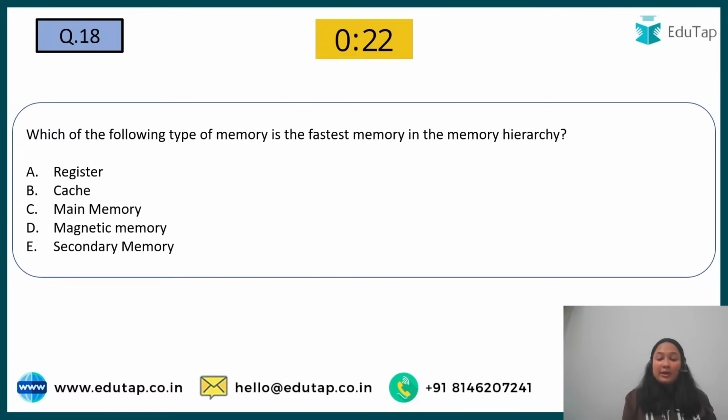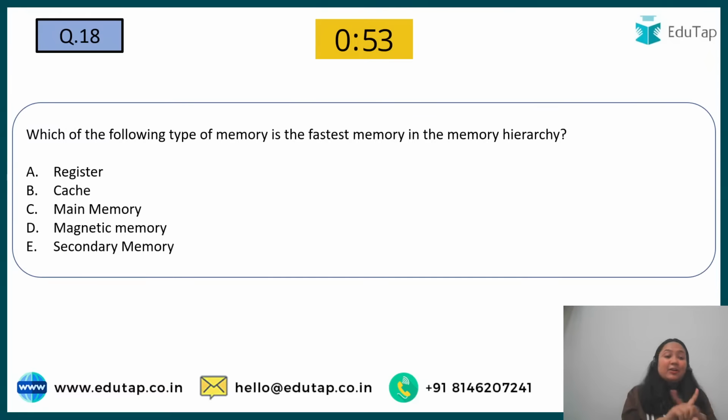Dekho, when we are talking about hierarchy, we also consider register, and registers have the smallest memory. Smallest memory means fastest memory, most expensive memory. Although the register is not part of primary memory, it is not part of secondary memory, it is part of CPU, but it is a type of memory. So if the register and cache options both are there, the correct answer will be register is the fastest memory.